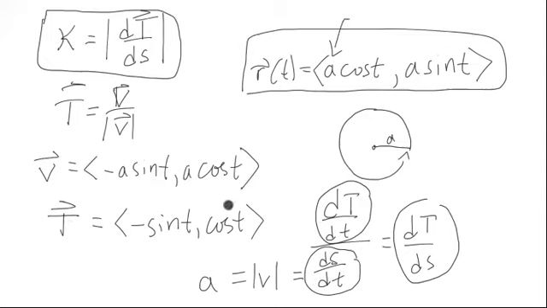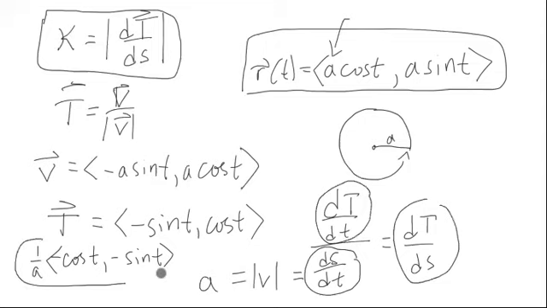Okay, so take the derivative of T, and we end up getting negative cosine t, minus sine t. So that's the derivative of T, but remember we just divide it by a, so 1 over a, and this is actually dT/ds.